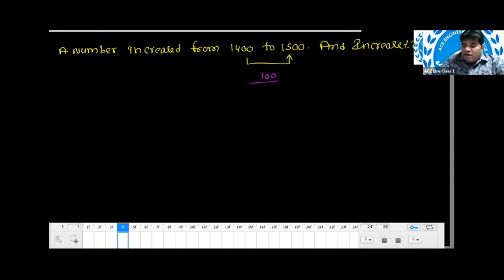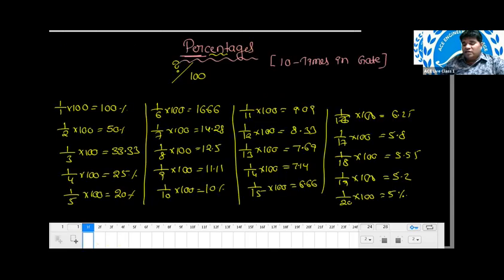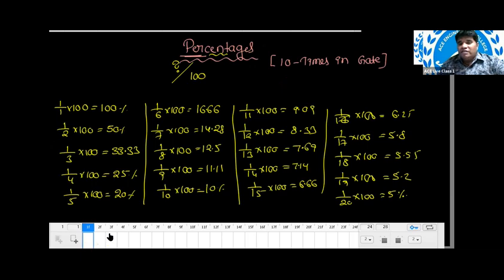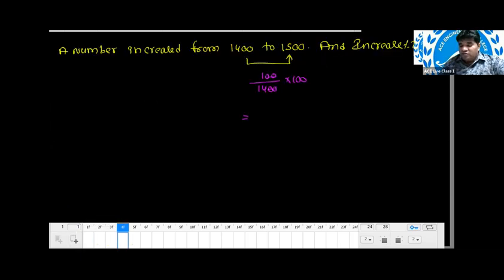That 100 is always compared with 1400, into 100. Cancel the zeros, 1 by 14 into 100. We need the values; already we know them. From a job point of view, not a GATE point of view, these values are not all necessary because calculators are allowed in the GATE examination. I am discussing from a job and competitive point of view. So 7.14 is the direct answer. So 7.14 percent increased.